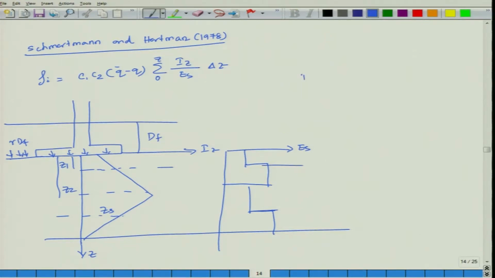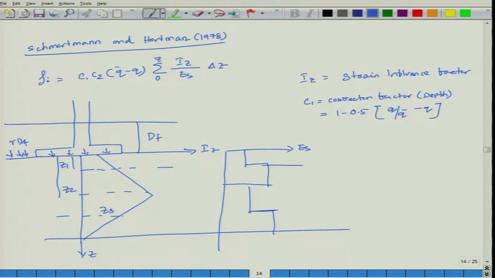What is Iz? Iz is your strain influence factor and C1 is your correction factor for depth of your foundation, and this comes out to be 1 minus 0.5 into q by q prime minus q.